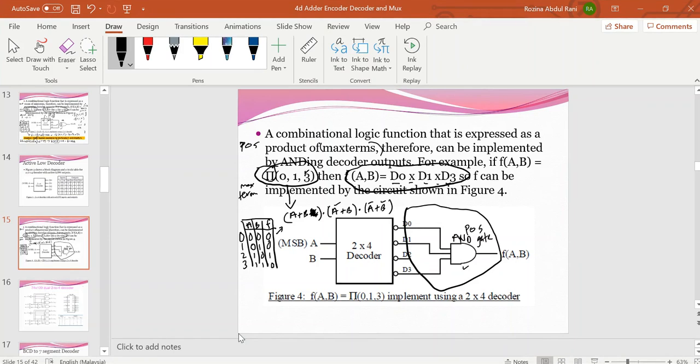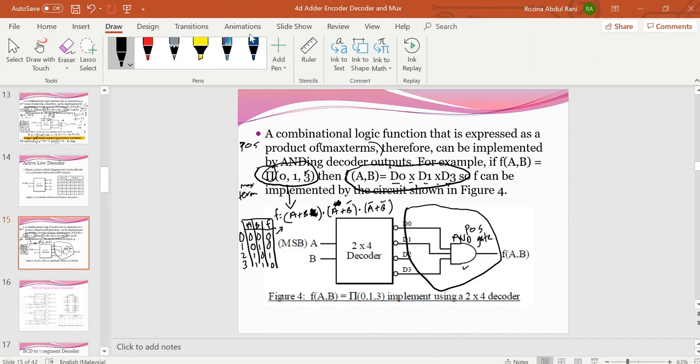Remember the max term is opposite to the min term. So F equals A plus B, times A plus B bar, and then AND with A bar plus B bar.